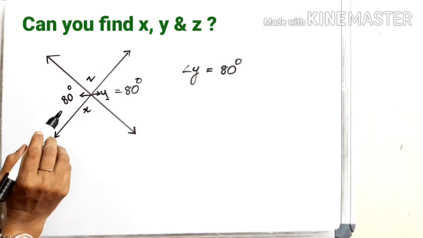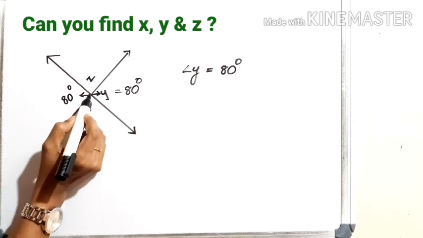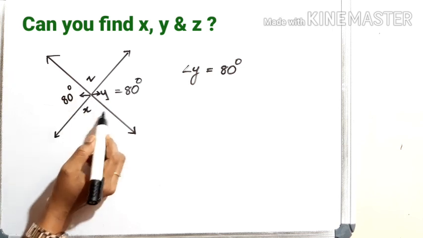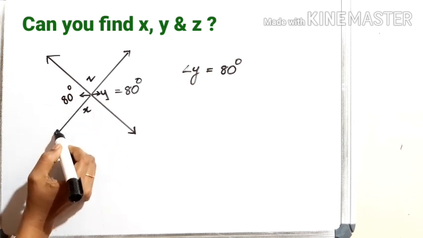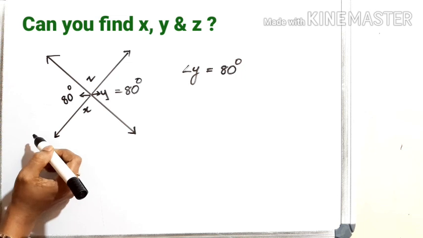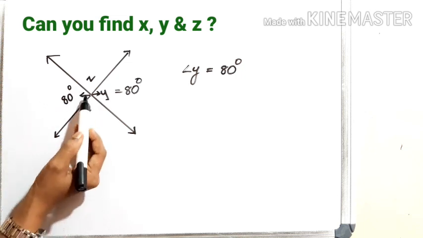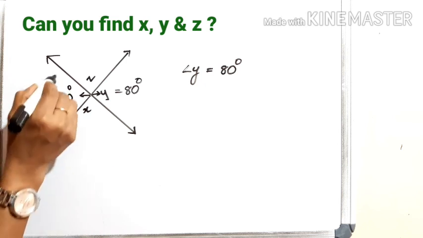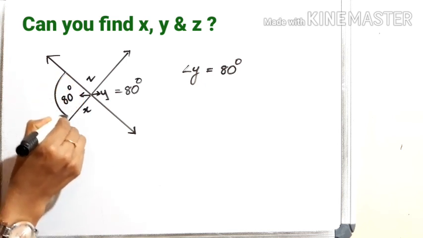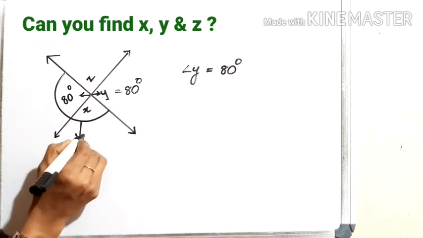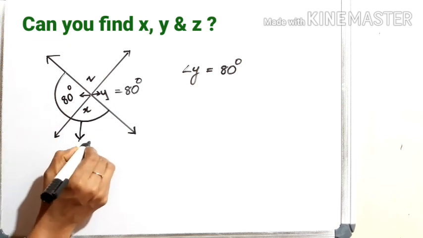At the same time, a linear pair: common vertex, common arm, non-common arms on either side of the common arm. Here, non-common arms are opposite rays. Therefore, the measurement from here to here becomes how much? 180 degree, right? Linear pair.